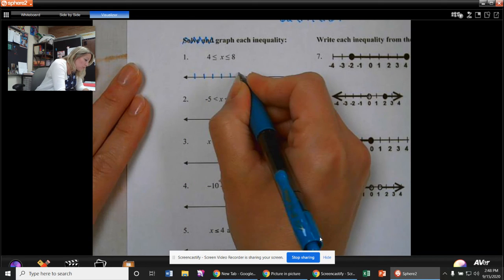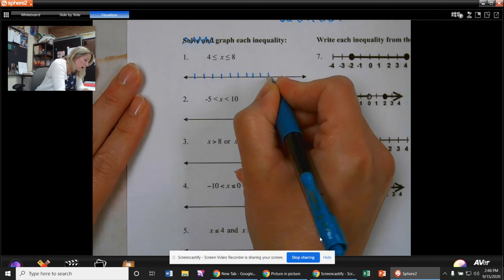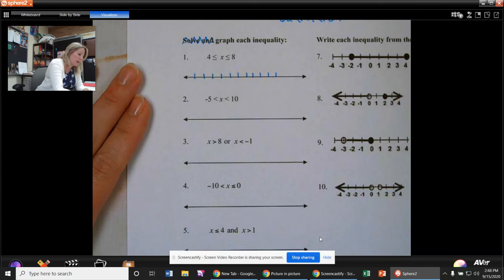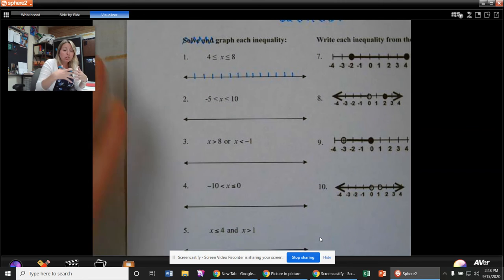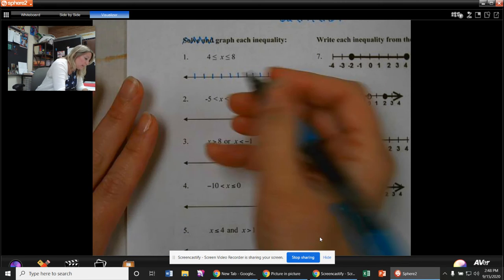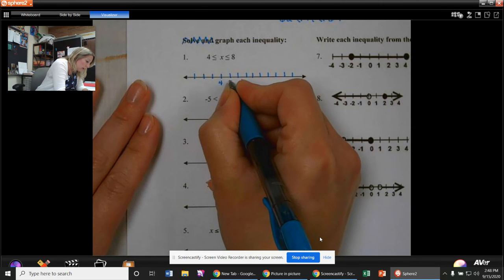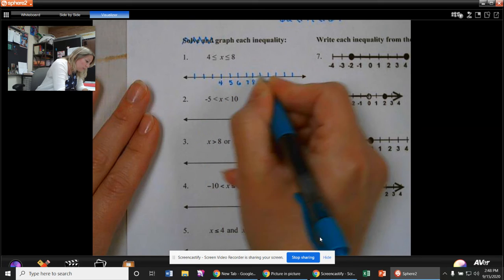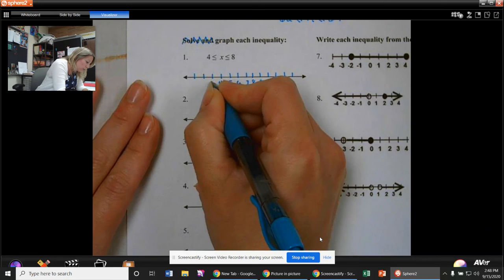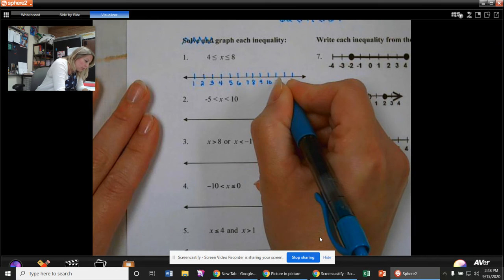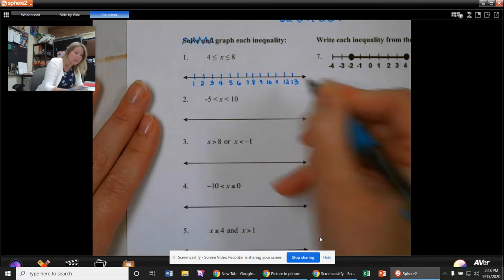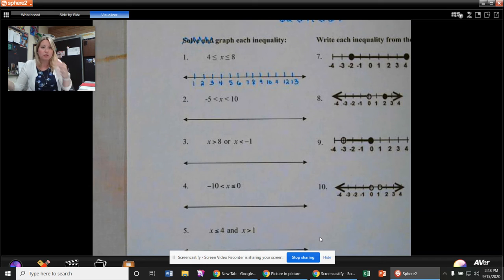So what I'm going to do is put enough hash marks, as evenly spaced as I can since I'm freehand, on my number line so that I have plenty of room between 4 and 8. So 4, 5, 6, 7, 8. So if I go by ones, I can fit with plenty of room. I get some above and some below. I really don't have to fill in this whole thing, but I did because I've got plenty of space on each side.